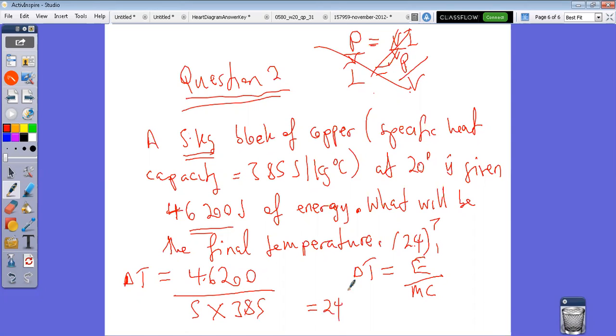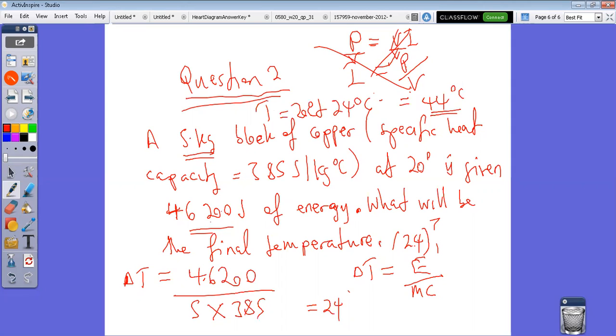I think that's where we get the answer, which is 24. But it's temperature change. If you read the question, I'm actually increasing the temperature. So the final answer is T is equal to 20 degrees plus 24 degrees, the temperature change, degrees Celsius here. We get 44. You see that, Natalie? 44 degrees Celsius is my final temperature.